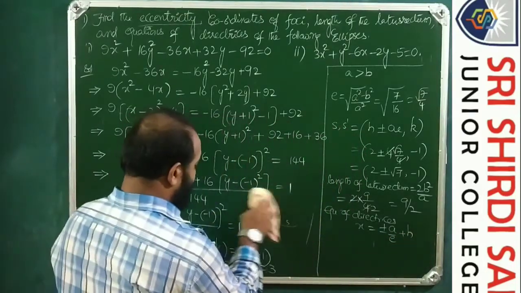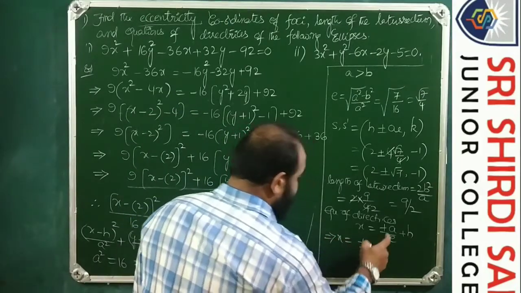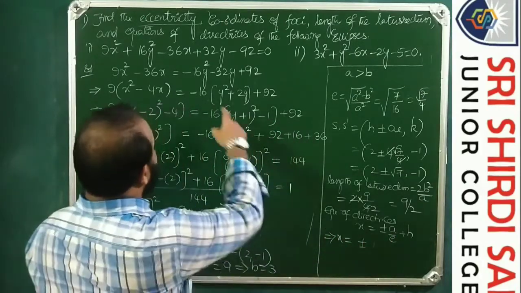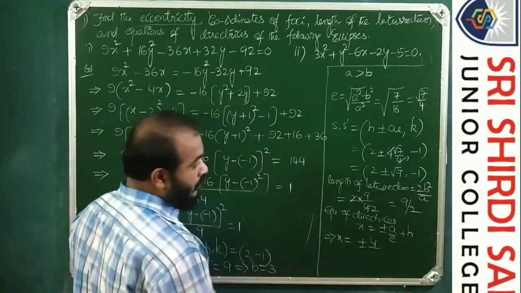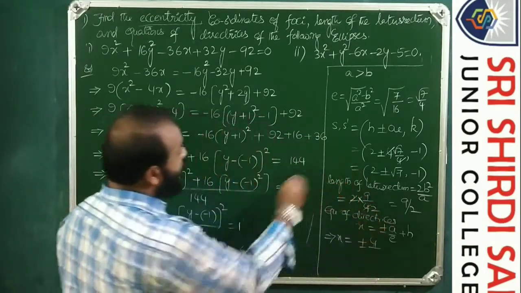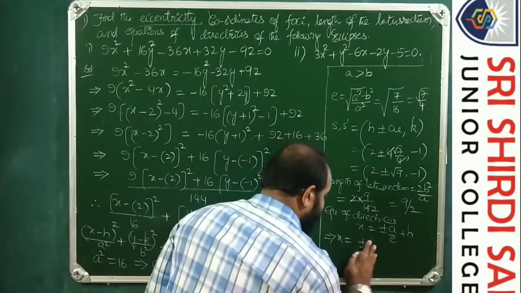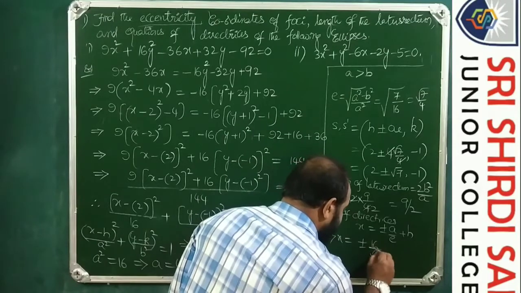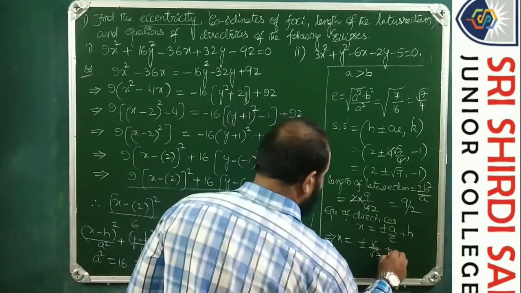So x is equal to plus or minus a, which is 4, by e, which is root 7 by 4. So 4 fours are 16 by root 7, plus h value, which is 2.